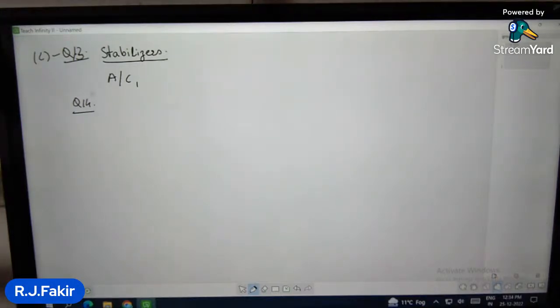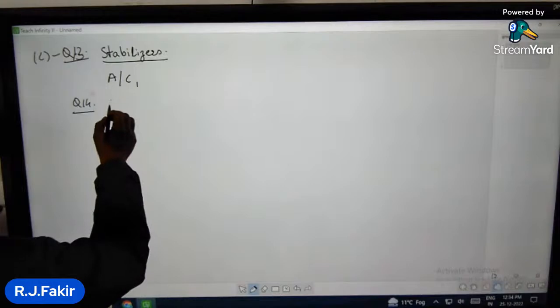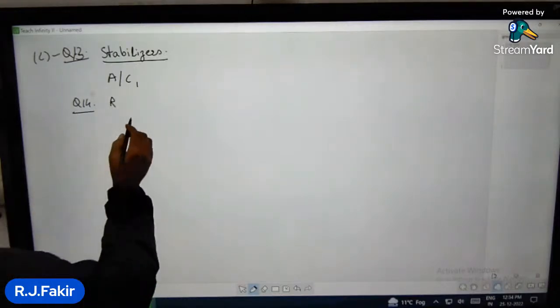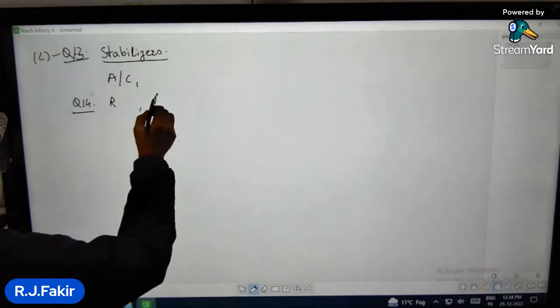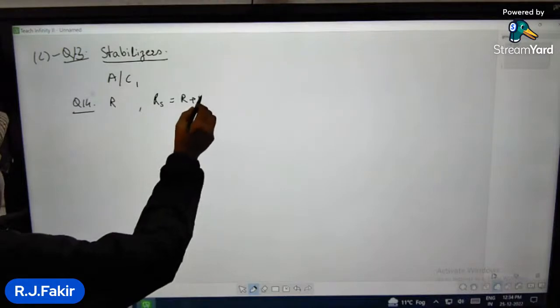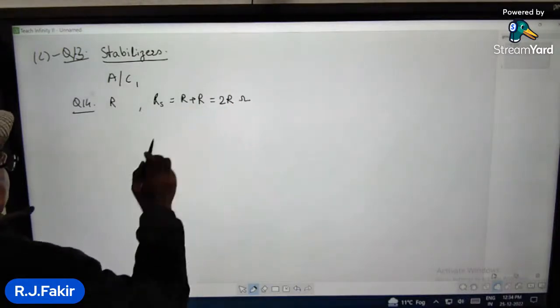So we have to find that ratio. Let us take that each has resistance R. So what will happen in series? Resistance in series will be R plus R, that will be 2R ohm.